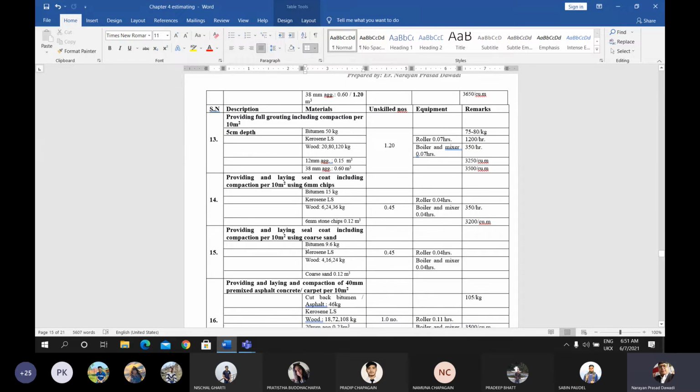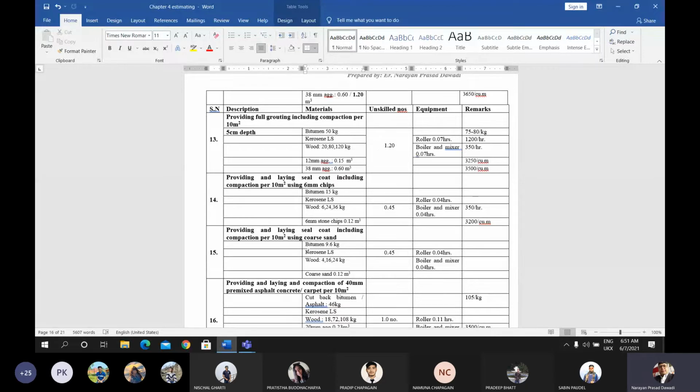Okay, now for providing and laying seal coat, this is another type of layer provided over the surface course. After laying the grouted macadam, or the surface dressing, or the asphalt concrete or premix concrete, we have to provide the seal coat over the surface course.